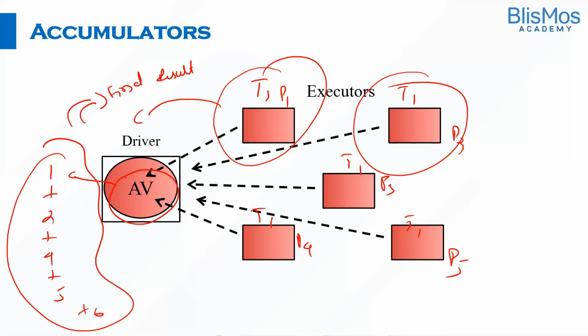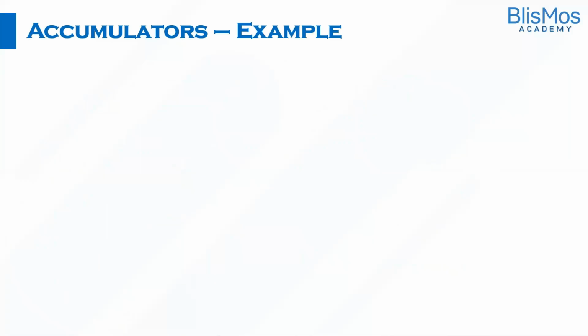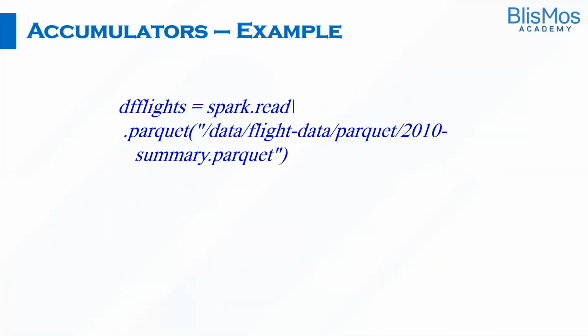Now that we understood how the accumulators work, we will take an example and understand it further. First of all, let us go ahead and create a data frame called df flights by reading a parquet file here. We have done this multiple times, so I will be able to do it very easily.